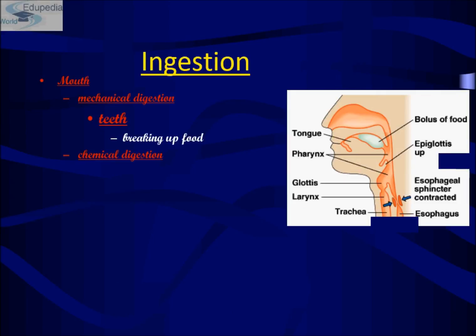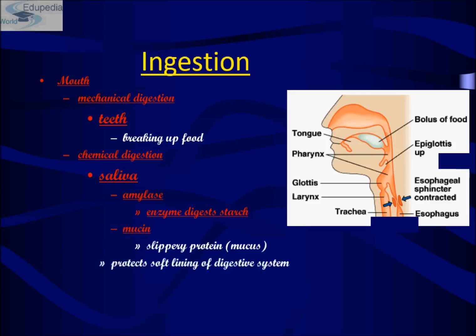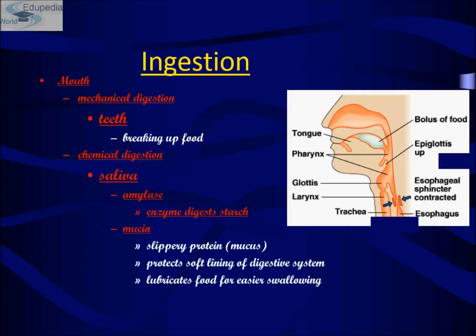Teeth help in breaking complex food into smaller subunits, and then there is chemical digestion, which is carried out by saliva, and saliva has an enzyme known as amylase, which digests starch. And it also has mucin, a slippery protein. It's a mucus kind that protects the soft lining of the digestive system, and it also lubricates food for easier swallowing, okay.